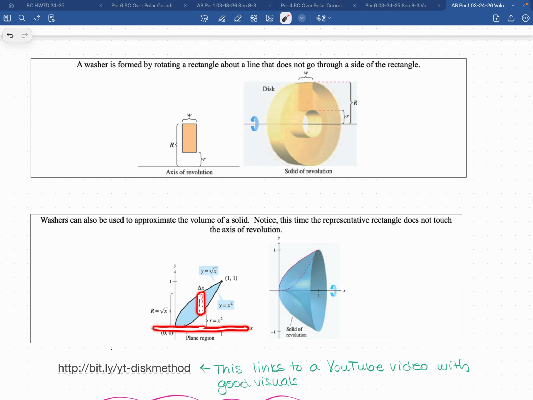That's going to make a washer, and this picture doesn't show, like the one above, that representative rectangle as it rotates around. Here's the washer in there. But again, if we could stack a whole bunch of these washers, it would create an approximation of the volume, until we get the actual volume. And so that's the idea of volumes by disks and washers.